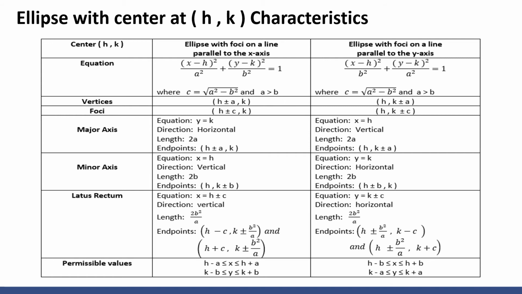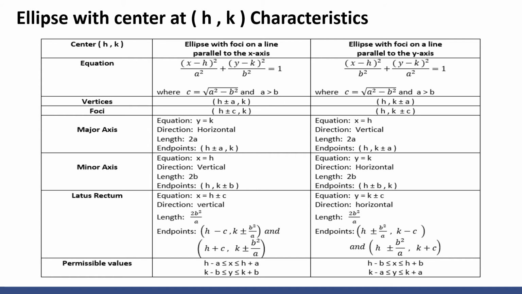And lastly, for the coordinates or endpoints of the latus rectum, we have h minus c and then k plus minus b squared over a, and h plus c, then k plus minus b squared over a. Sa kabila, we have h plus minus b squared over a, then k minus c, and h plus minus b squared over a, k plus c. With these characteristics, with these patterns, then we can simply answer our problem regarding ellipse with center at h, k.